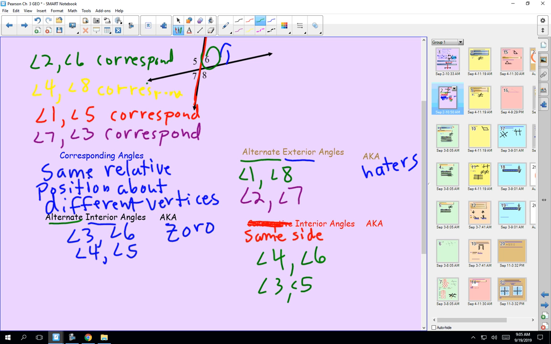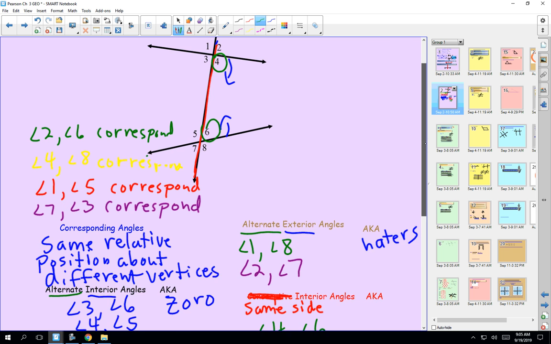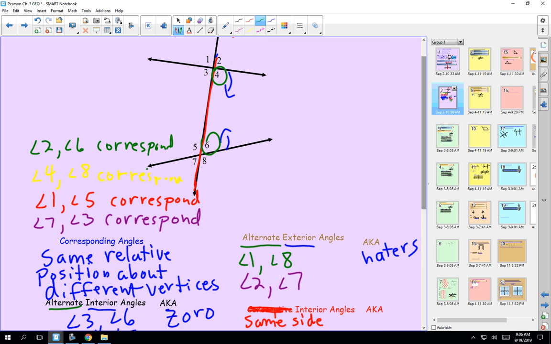So if the alternate exterior angles are the haters, what do you think the ones that are as close as they can be? They're in different neighborhoods, but they could wave at each other, like Morse code flashlights. There's nothing between them. So they are actually the lovers.